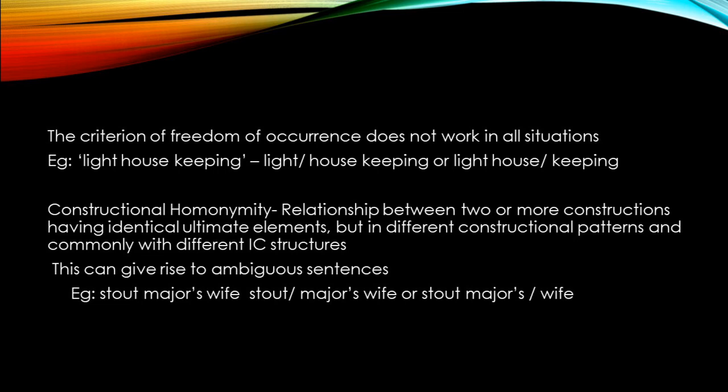Stout Major's wife can mean Major's wife who is stout. This meaning will strike us when the cut is after stout. The major's wife is stout. That is the meaning. Now, if you give a cut after major's, it means the wife of a stout major. So it is not the wife who is stout, but it is the major who is stout.